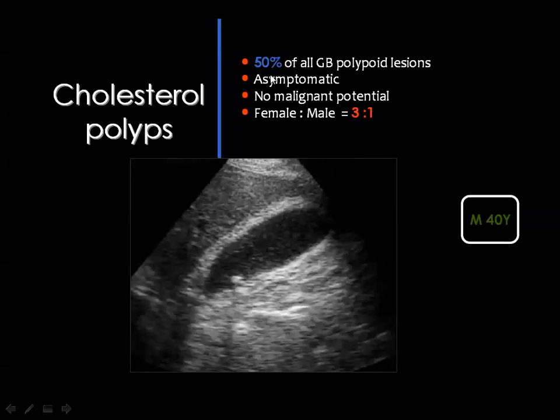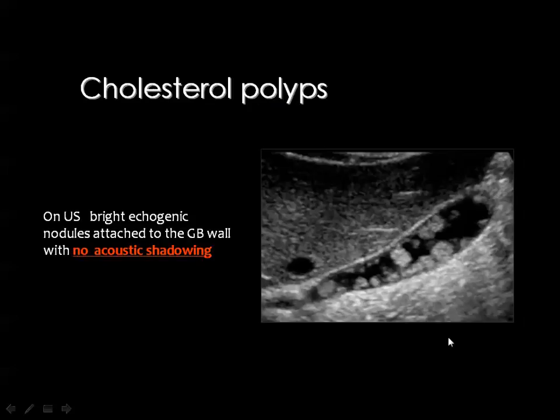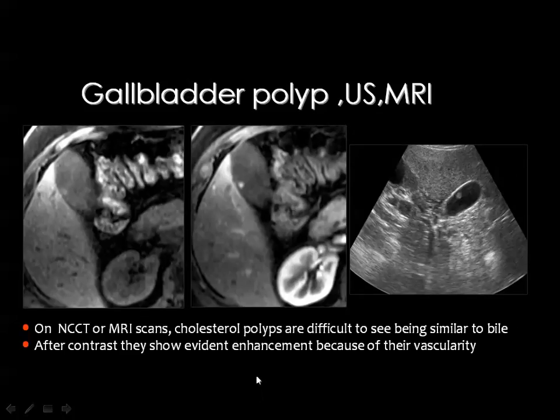They represent about 50% of all gallbladder polypoid lesions. Most of these polyps are asymptomatic with no malignant potential, and they are, of course, common in females. Gallbladder cholesterol polyps can be solitary, can be multiple, as you can see in this case, numerous cholesterol polyps, and you should remember there is no posterior acoustic shadowing.